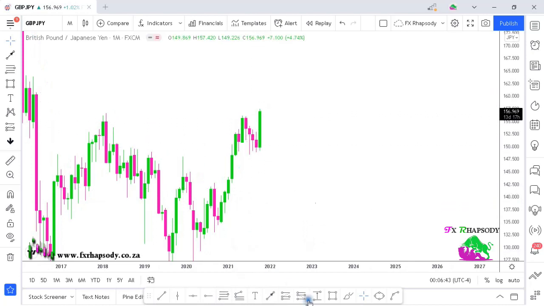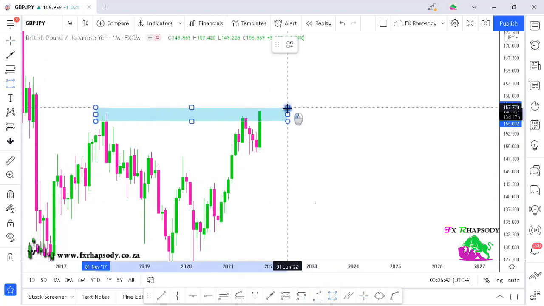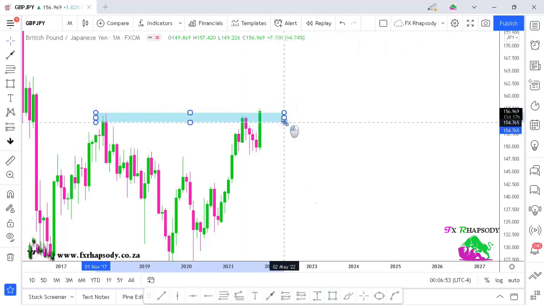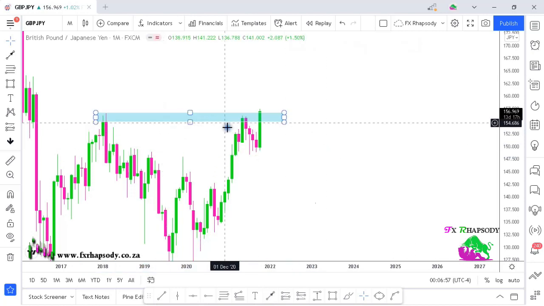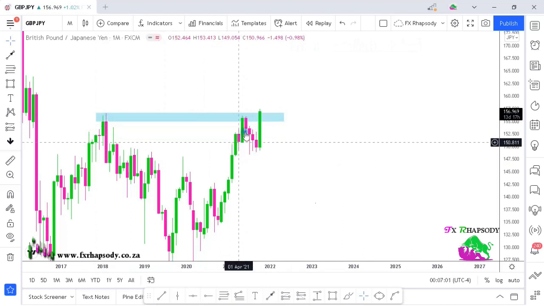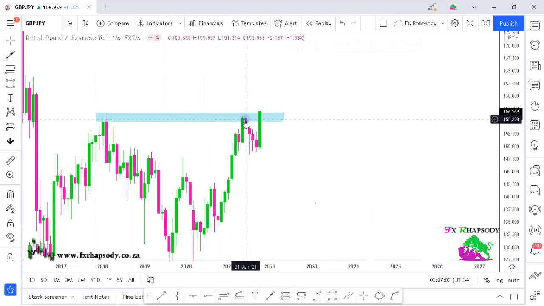I mean, we do have it sitting in this area over here. I'm just highlighting it out for you. Okay, this was a nice big area of resistance. This happened in February 2018, came and retested it now in May and then June again.